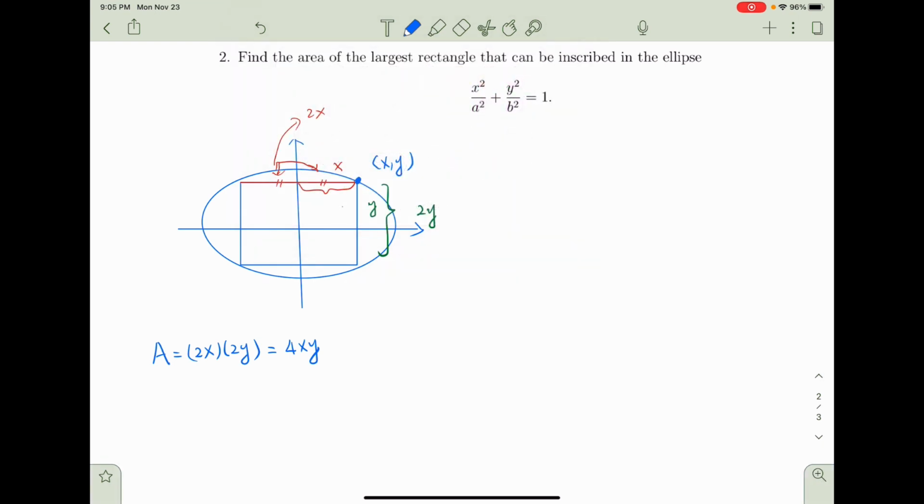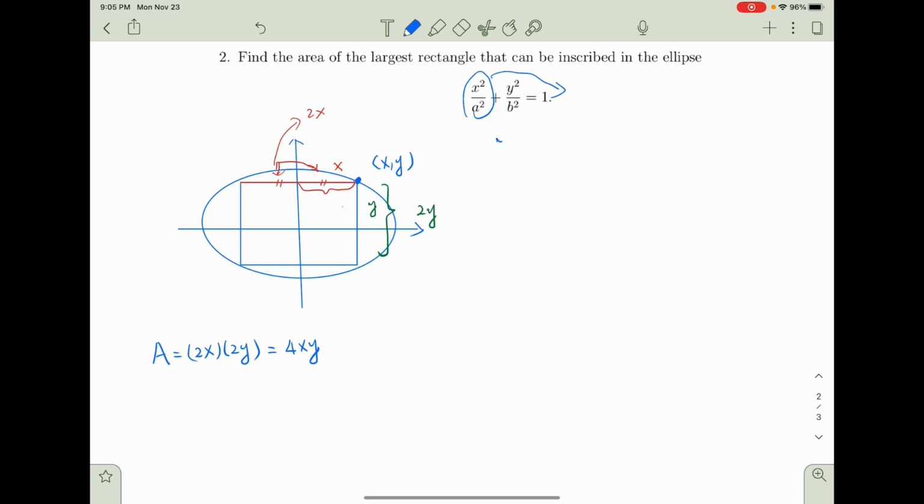So the relation that we have is this. That is the equation of the ellipse, right? So if you manipulate the terms here, you can use maybe the variable x to represent the variable y. So let's see how we do that. If we move this x term, for example, to the other side, right?